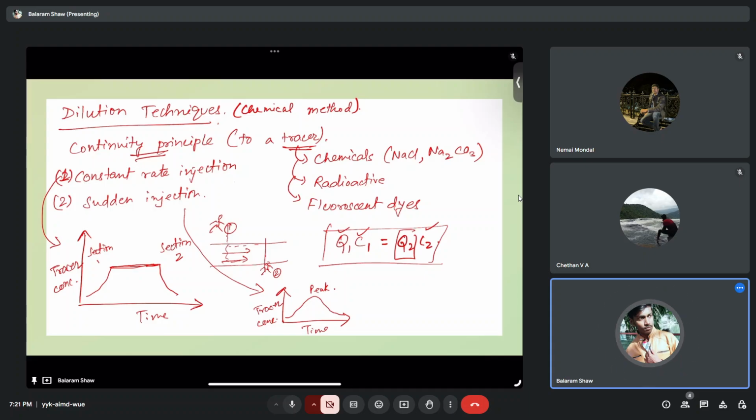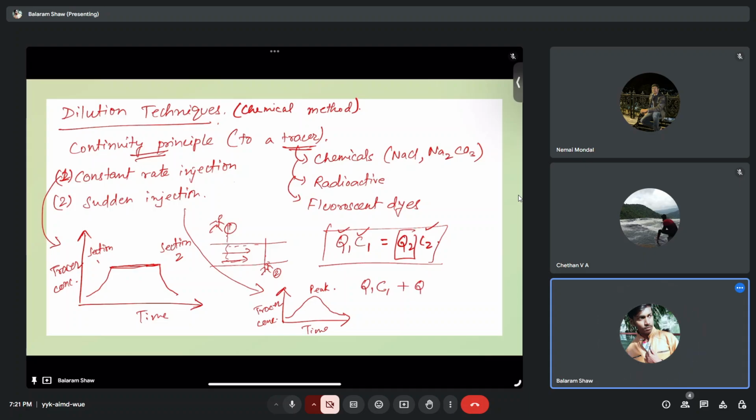So here in the sudden constant rate injection method, how can we calculate? Let's say you know the discharge at section 1, and the concentration that you are putting in. Now let's say there is some initial or background value of the concentration, C0, measured at time t1 at section 2.